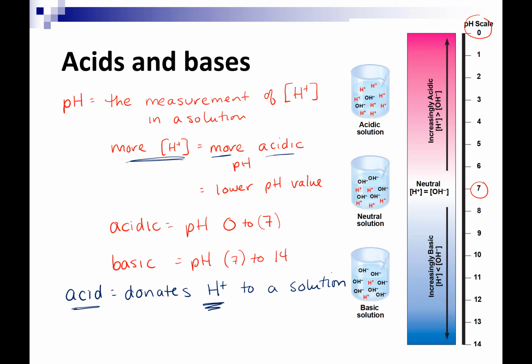That's what an acid does. A base reduces the H plus in a solution. So the less H plus you have, the more basic the solution is.